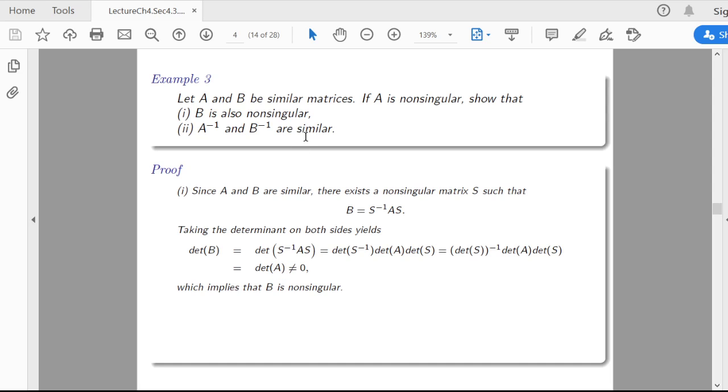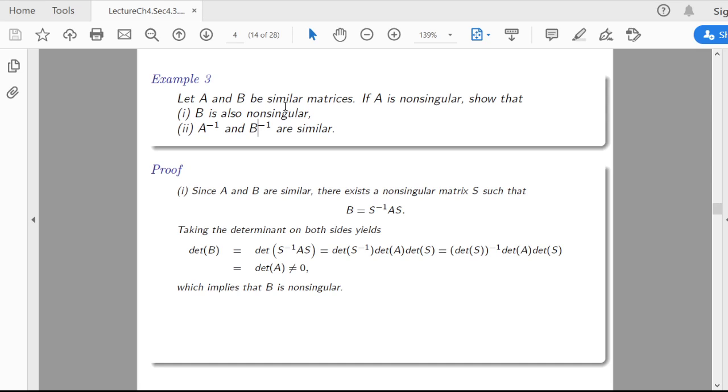Why? Because we assume A is non-singular, so the determinant of B is non-zero. The determinant of B is non-zero, that means B is non-singular. So we prove the first part.